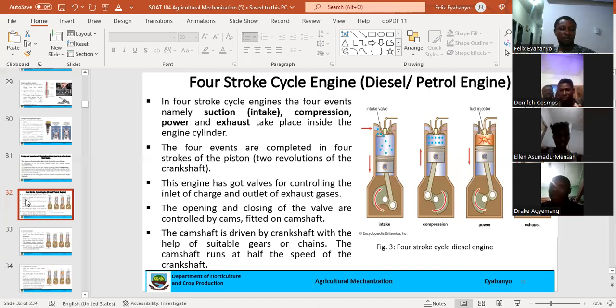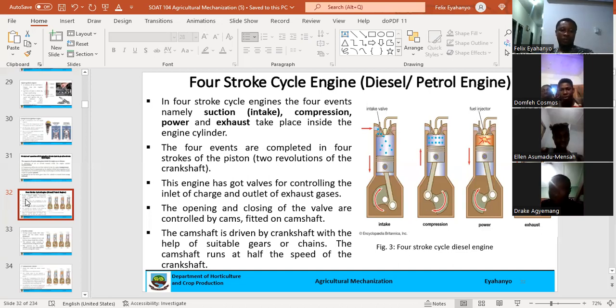The spark plug. Good. So if the question is dealing with diesel, and you start talking about spark plugs, already you are off, right? So what we see is that you have the valves.